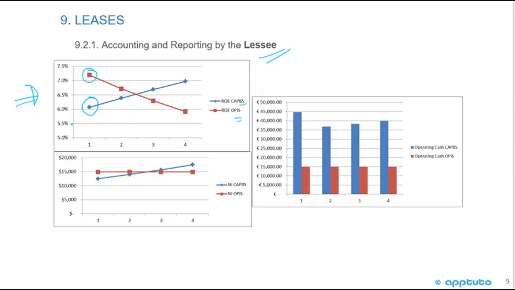And we know that the ROE on the capitalized is lower in the early years. Why? It's easy to understand. I've got depreciation plus interest, and that's more than just the straight operating rental payment, because my interest starts higher and it grinds down over the lease, okay? And again, as goes my net income, so goes my ROE, okay? And then, of course, the operating cash flows are higher on my finance lease than on my operating lease, because this is 100% rent.